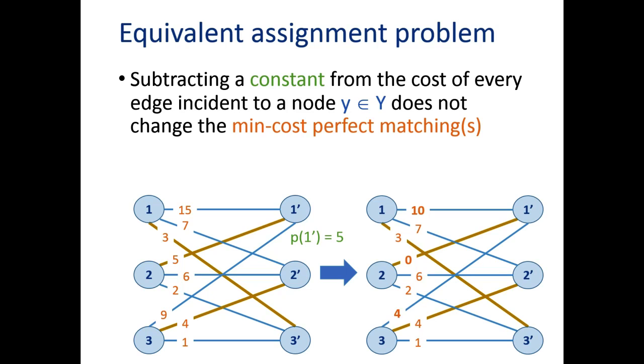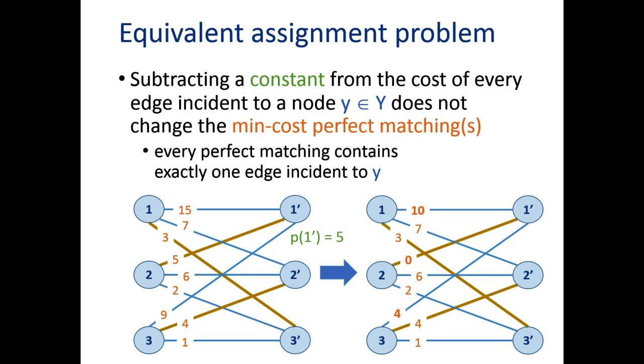These are the modified ones in both ways. By the same argument, it affects the cost of every matching in the same way, so it doesn't change what the optimum matchings are. So I can play with prices on the left and on the right in this fashion. Every perfect matching contains exactly one edge incident to y, so it doesn't change the nature of matchings.